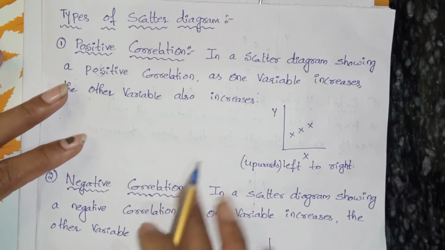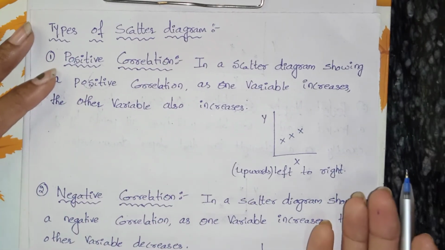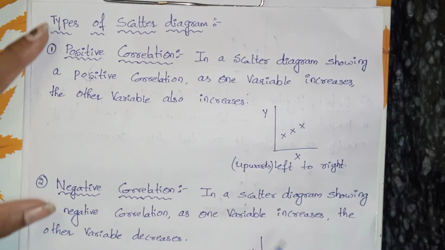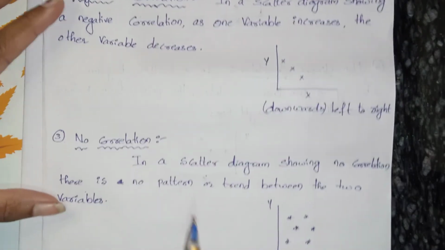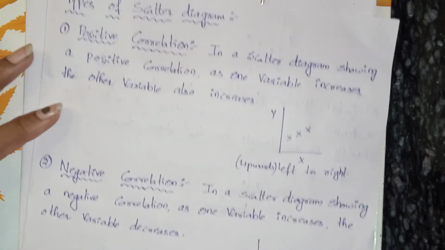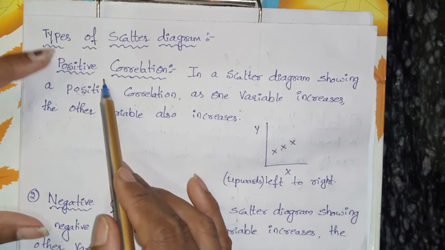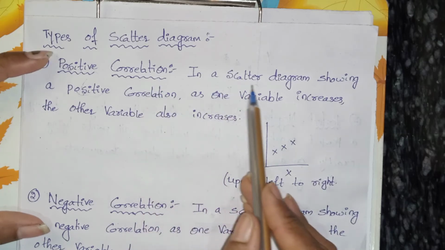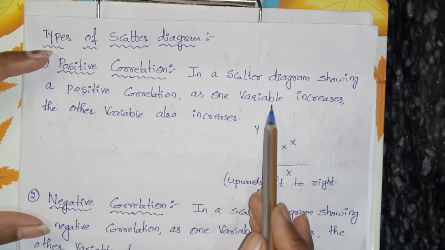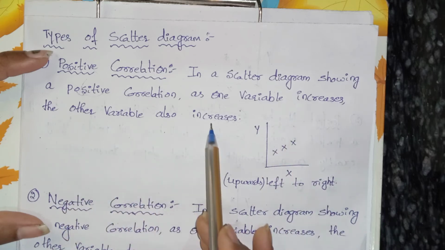Okay, next is types of scatter diagram. We have different types of scatter diagram. One is positive correlation, negative correlation, next no correlation, perfectly positive correlation, and perfectly negative correlation. First we'll see what is positive correlation. In a scatter diagram showing a positive correlation, as one variable increases, the other variable also increases.